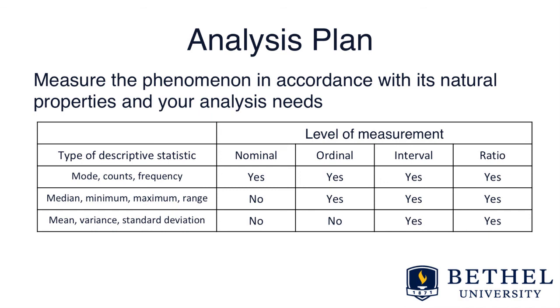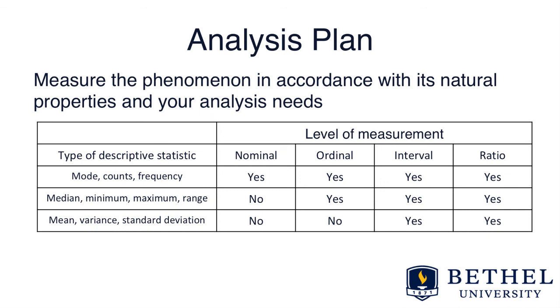So as you look at this table, you can see that if you're going to use a mode or just counts or just frequencies, then any of those scales of measurement are going to work for you. If you're comfortable using just medians or ranges or a hierarchy, then the only thing that doesn't work is nominal.